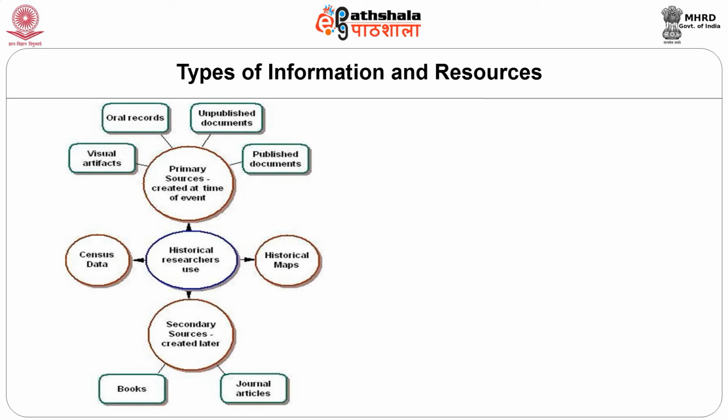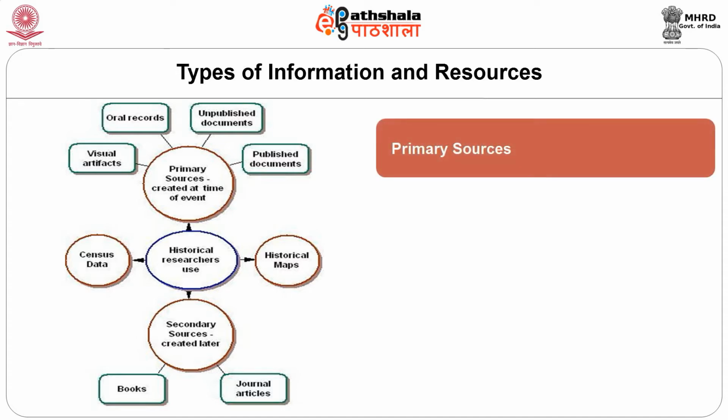So, the kind of categorization that we are normally used to is primary, secondary and tertiary, and when we compare these categories to web based information, the same holds true on the web also. We have primary sources, like blogs, social media where somebody is typing out a piece of news, and online newspapers.